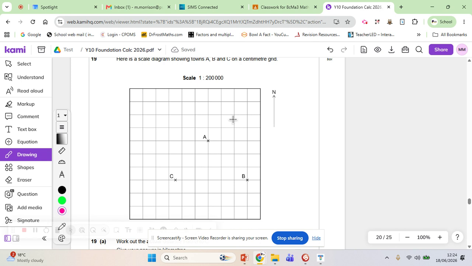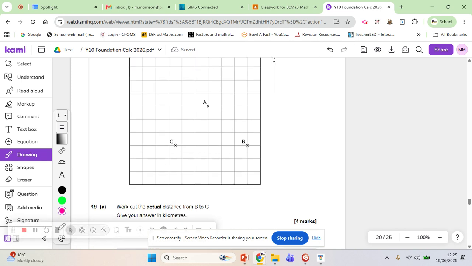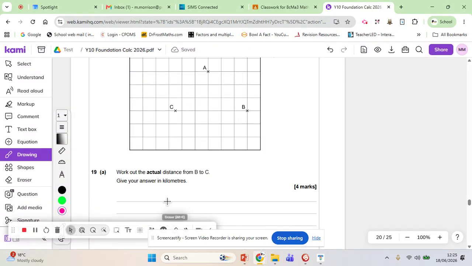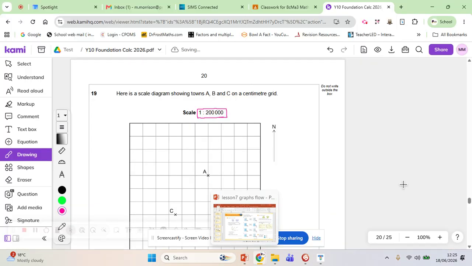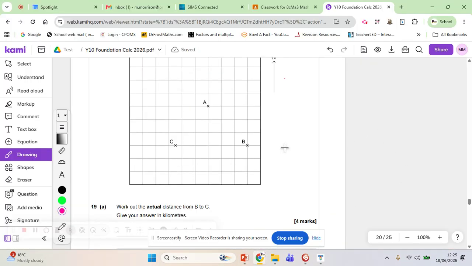Question 19, we're going to look at trying to work out the actual distance between B and C, and it needs to give your answer in kilometres. So we've got a scale here, 1 to 200,000. Now just remember, whatever you put in is what you get out in a ratio.